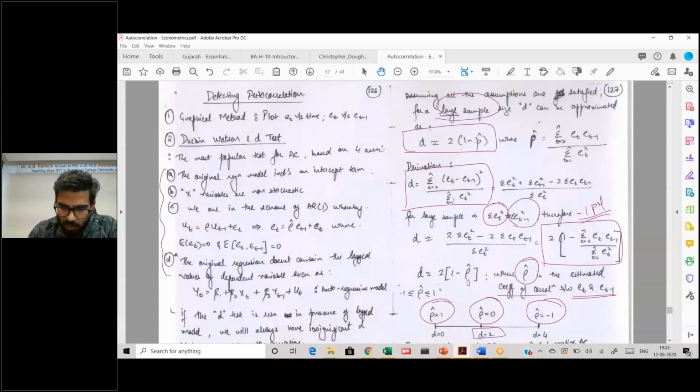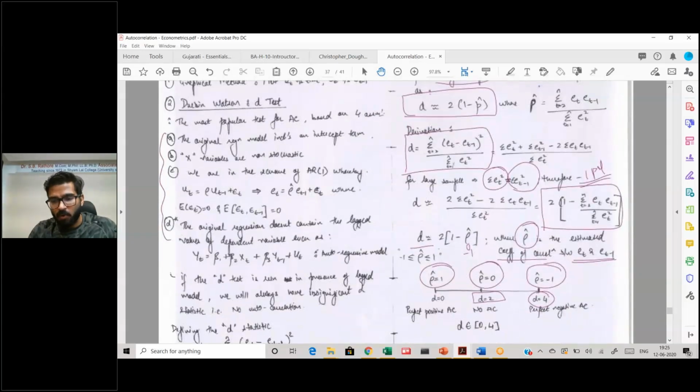If you put this value as minus 1, then 1 minus (minus 1) gives a d statistic value of 4, which shows perfect negative autocorrelation. So if your d value is close to 4, you have negative autocorrelation. And if you put this value as 1, then 1 minus 1 is equal to 0. So if your d statistic is equal to 0, then you have perfect positive autocorrelation.